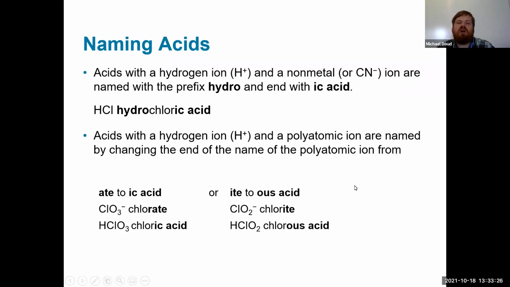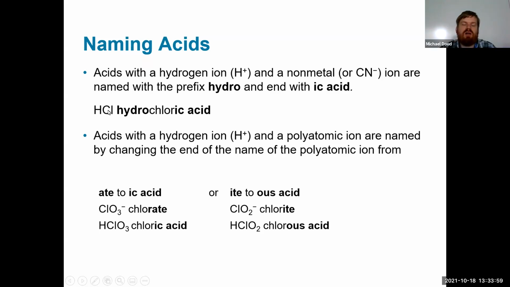Okay, so here now we're finally going to talk about acid nomenclature. I know I maybe mentioned this earlier. Sometimes it's paired with ionic nomenclature, but in this book we have a separate chapter for acids. So now we're going to talk about how to name acids. If you have an acid that has a hydrogen ion and a nonmetal or cyanide ion, then the way that we name those is having a prefix called hydro and ending with ic acid, in addition to the root of the word.